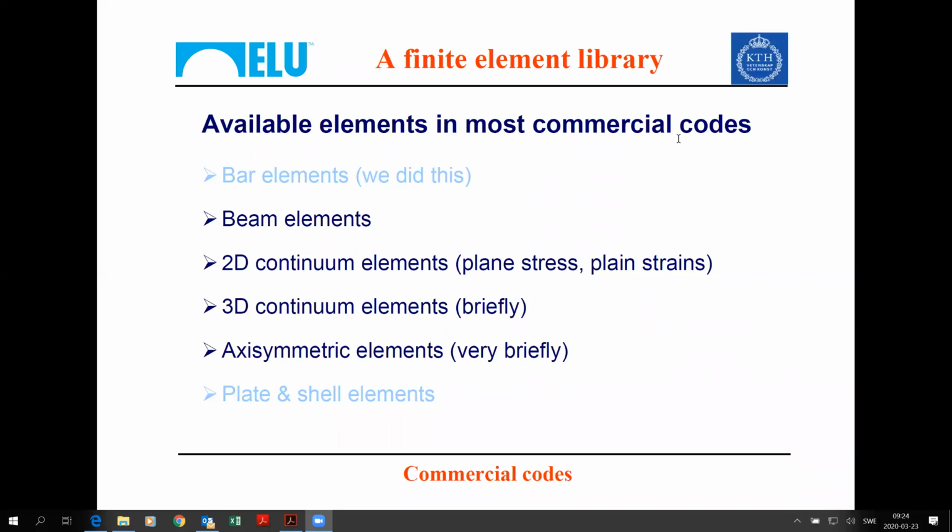We will look a bit at beam elements, and we will rederive the beam matrix for the Euler-Bernoulli beam, but this time using not the direct method as we did in the first lecture, this time using shape functions and total potential energy.